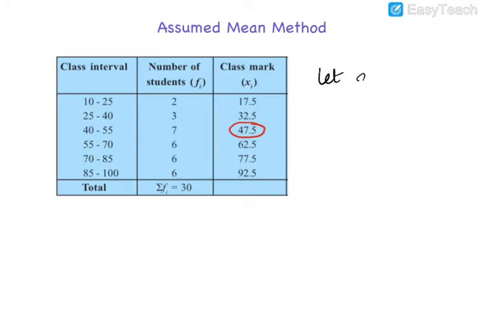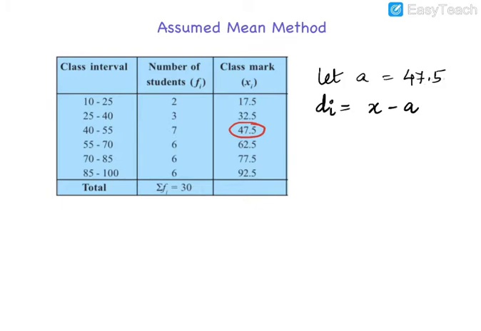So let A equal 47.5. The next step is to find the difference d, which is given by xi minus A, and we have to do this for each of the xi's.